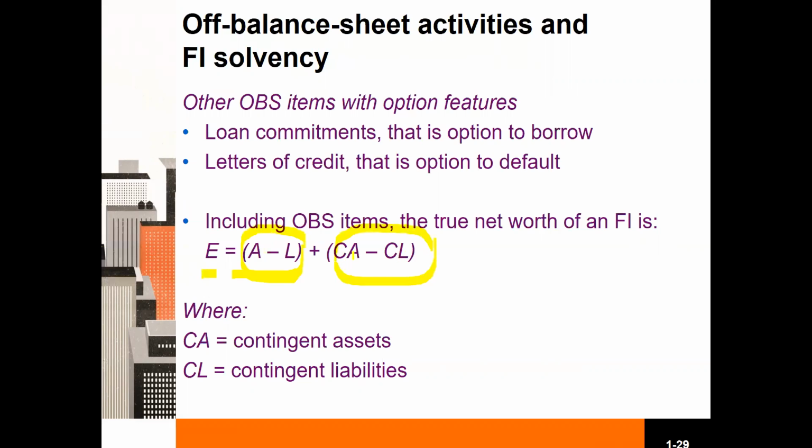So this is contingent assets minus contingent liabilities, which is added to the difference to get the equity. And you can see that if this part is positive, that means contingent assets are higher than contingent liabilities. The net worth will be higher compared to the net worth we get when we ignore these off-balance sheet activities.